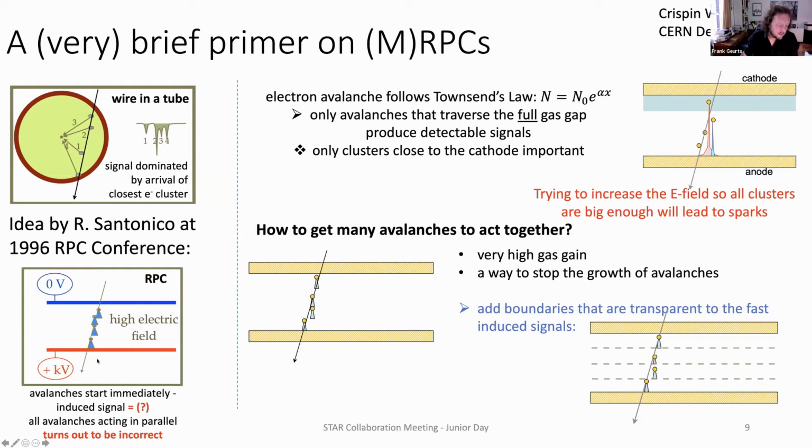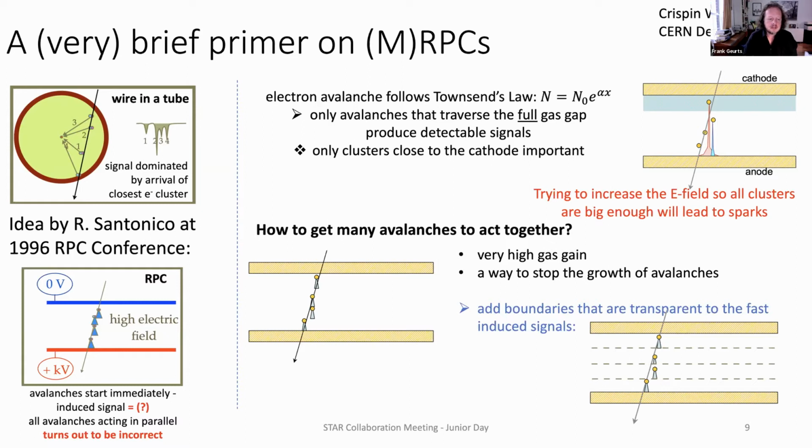If you have some induction pickup pads here, these avalanches immediately result in an induced signal. Having all these avalanches act in parallel would be a way to get a fast and large signal for timing purposes.